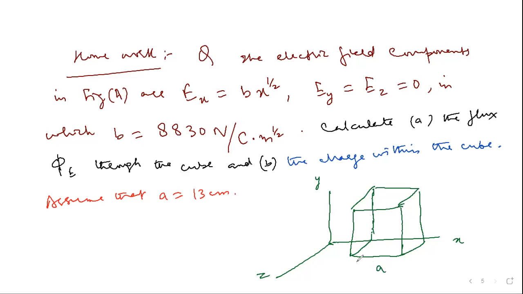This is a. This side is a. This side is a. This side is also a. And the distance of this face from the origin is also a.